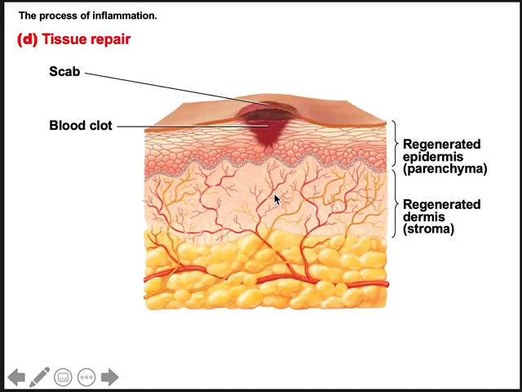All of that calms down and stops, and then you're just left with the wound healing, right? So you get that scab formation, and then over time you regenerate your epidermis, the blood clot and scab go away, and you have completely healed skin, right? So that's the overall process.